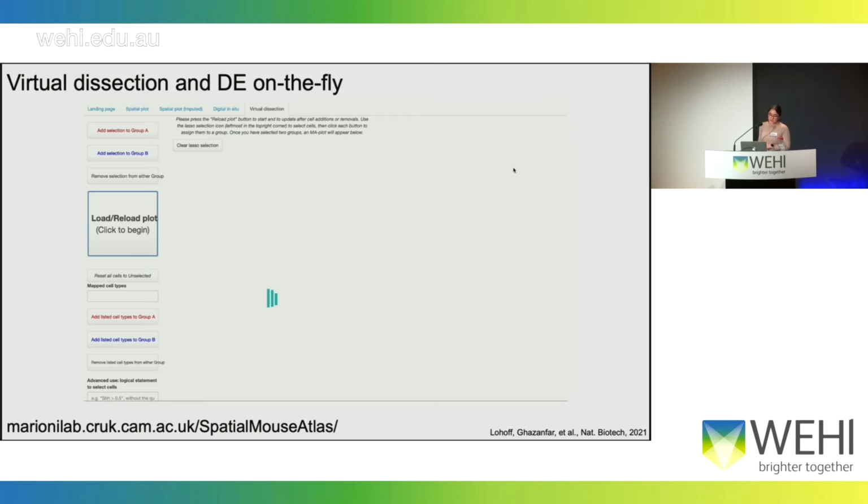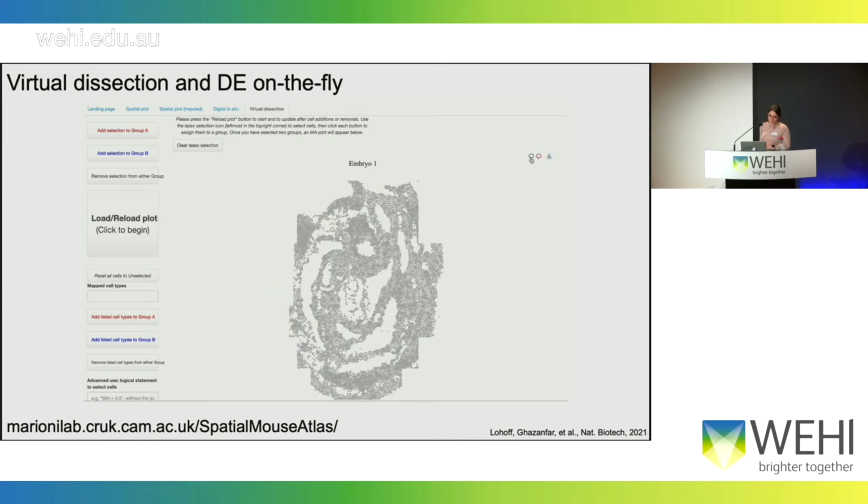This is a screen video of the Shiny app. What is quite nice about looking at spatially resolved data is that you can select and virtually dissect different areas and look at them in detail.